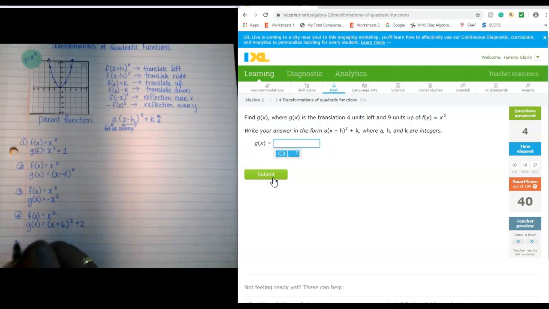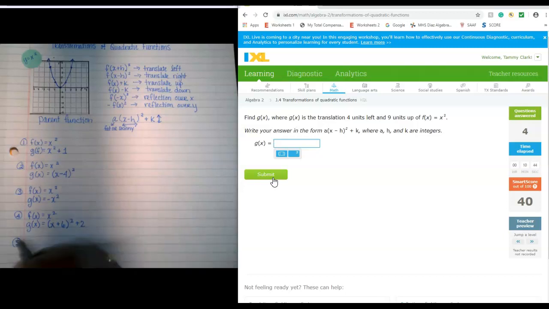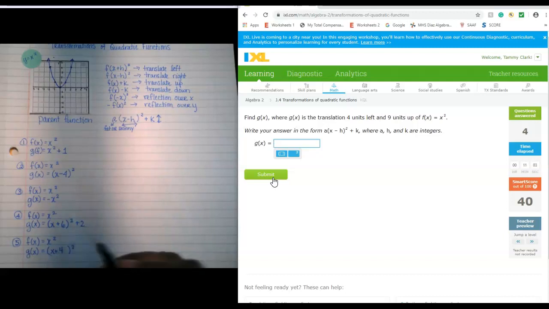Number 5, we've got find g of x, where g of x is a translation 4 units left and 9 units up of f of x equals x squared. So we've got g of x equals, well, we know there's movement within the parentheses, and it was 4 units left. So we're going to write plus 4, because remember we write the opposite. And it was 9 units up, so that would be plus 9.